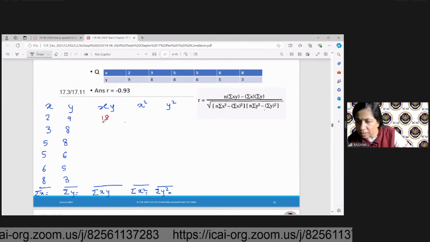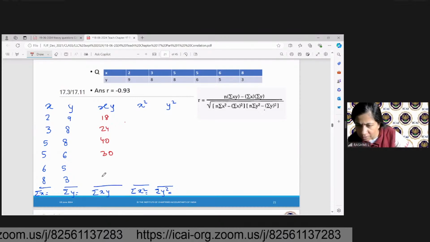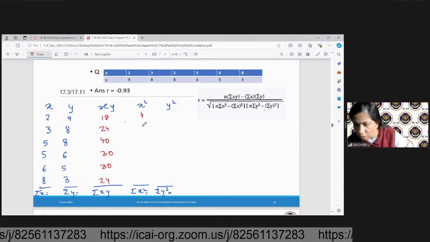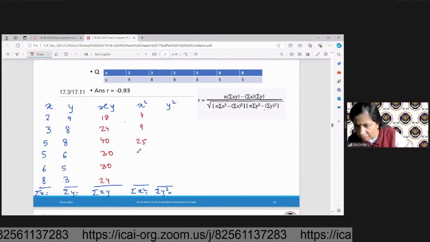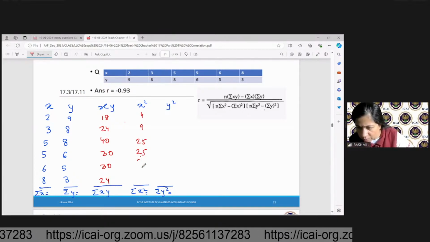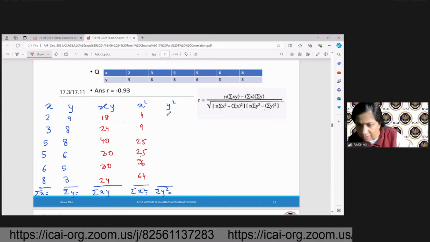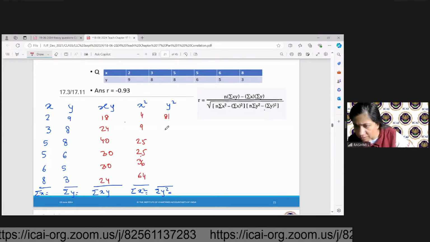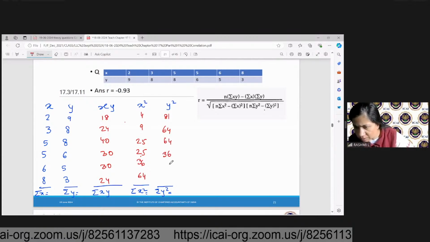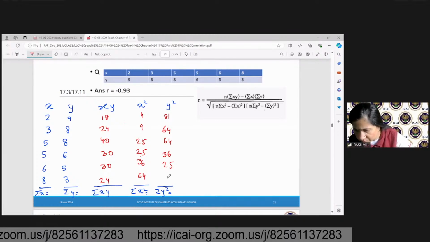So xy is 18, 24, 40, 30, 30, 24. x square is 4, 9, 25, 25, 36, and 64. And y square is 81, 64, 64, 36, 25, and 9. Okay.